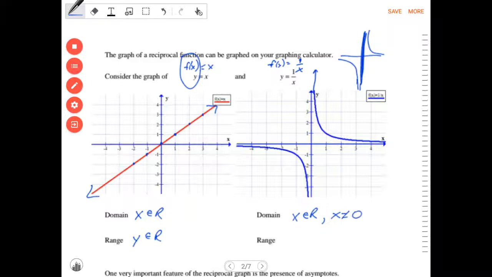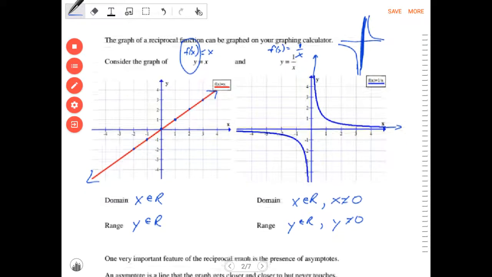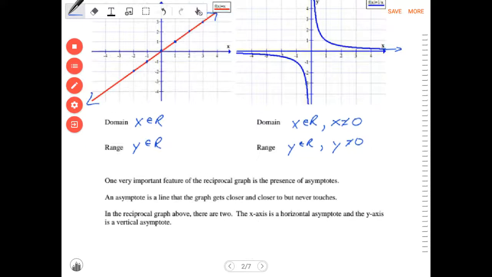And then the same thing happens along the x-axis, which of course is y equals 0. So y is also an element of the reals, but y cannot equal 0. Interesting. You're probably thinking, what's going on with that?